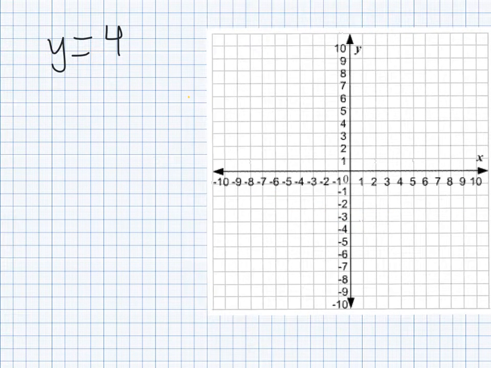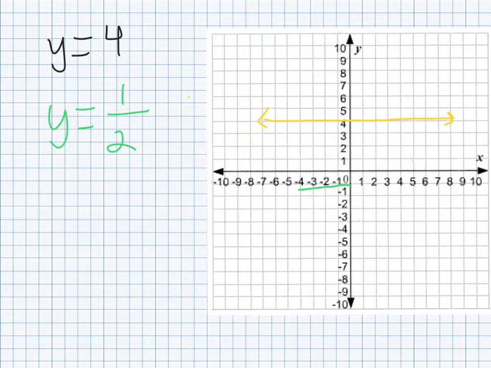So now if we say y equals 4, it means that it's going to be a horizontal line going across the 4. If we had y equals 1/2, now that one's kind of interesting, but it would just be at the halfway mark.